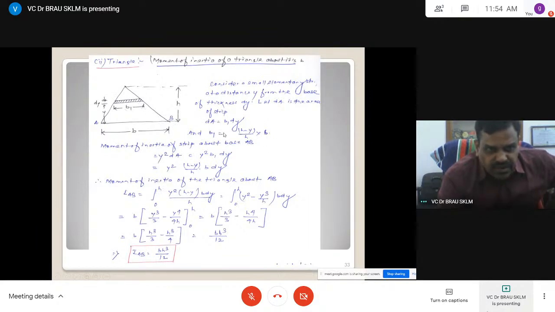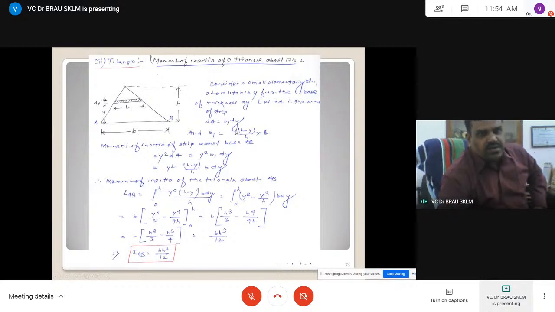That is b1 equals b into h minus y by h. You can determine b1. The area is b1 into dy, which we substitute here. Then y squared into dA, you can substitute and integrate.